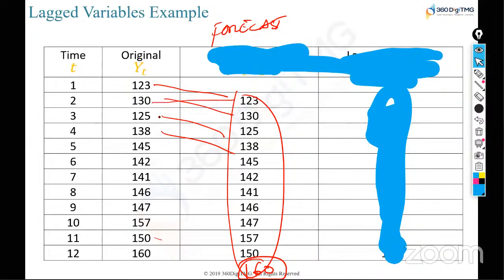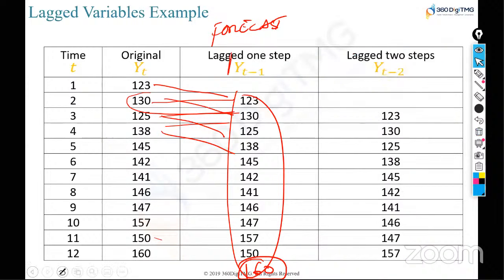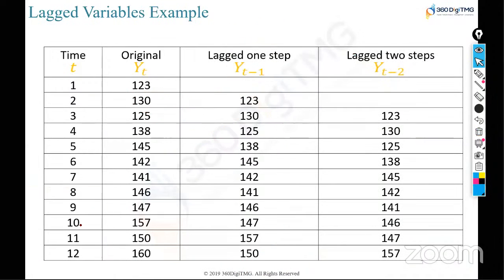When I take the difference between these values, 130 minus 123, 125 minus 130, 138 minus 125, I will get some errors. If those errors are less than any other model's errors, then I can go ahead with this model.